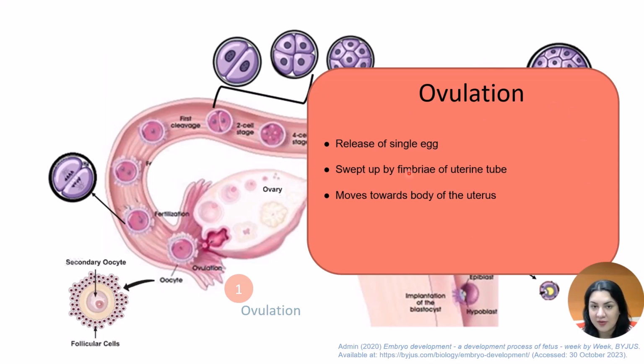First off, right off the bat, we described it earlier. Ovulation is basically when you have that single egg be released. That single egg is released from the ovary over here. So again, remember how I said the uterine tube is not connected to the ovary, but then you have a sort of chemical release that brings the uterine tube toward the ovary, and you have those fimbriae at the ends of the uterine tube.